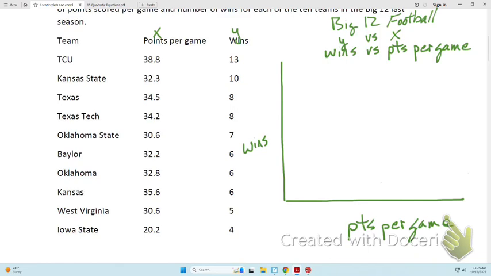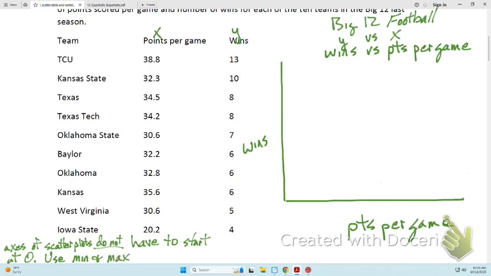So maybe at the top of the page, write: axes of scatter plots do not have to start at 0. Use min and max to decide.